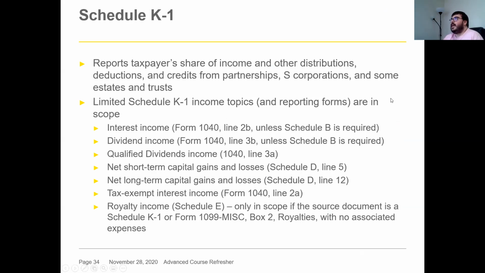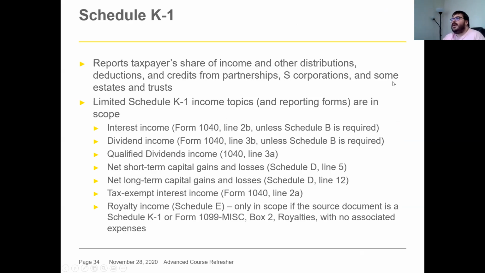These K-1s are given to taxpayers if they are partners in a partnership or an S corporation. Sometimes people might also get a K-1 from an estate or trust.